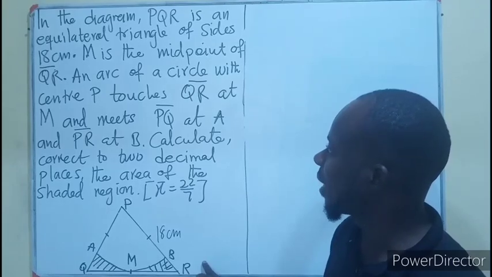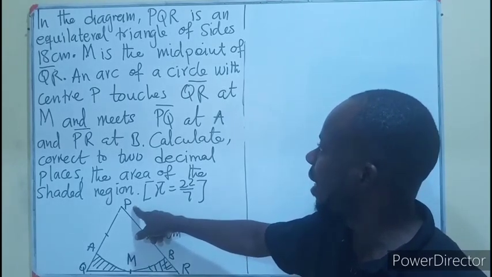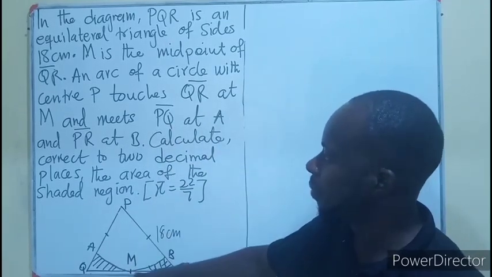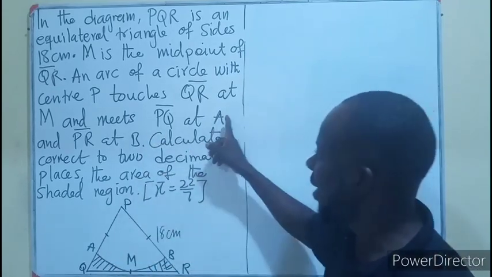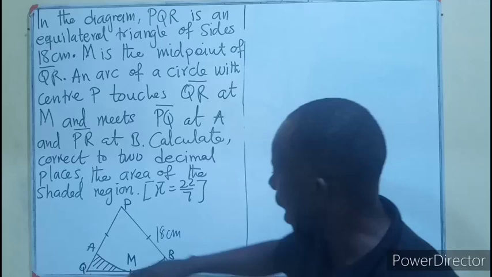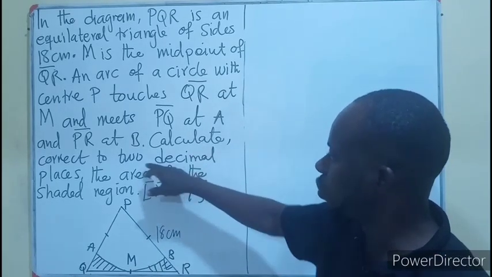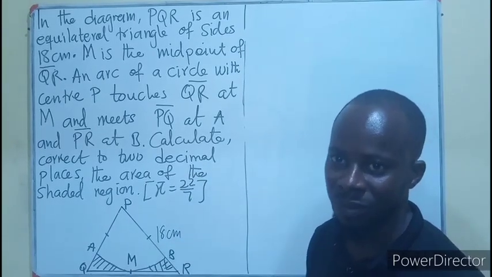An arc of a circle with center P touches the side QR at the point M and meets PQ at A and PR at B. We have to calculate, correct to 2 decimal places, the area of the shaded region.